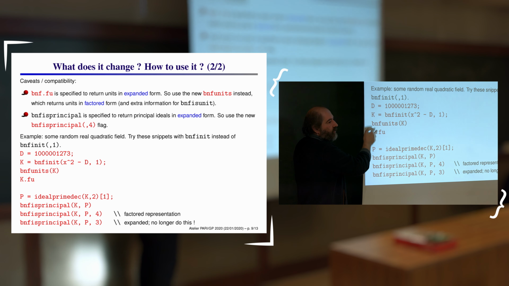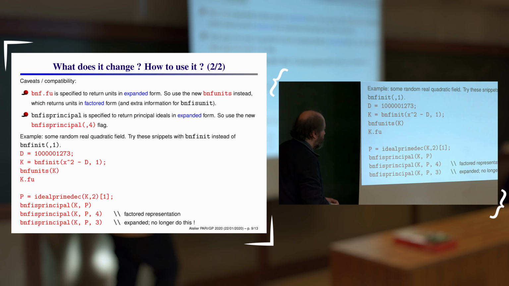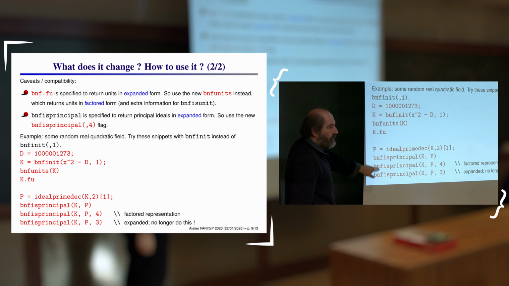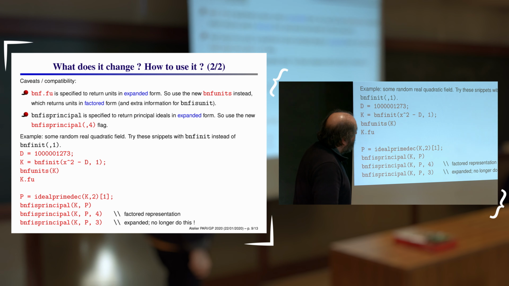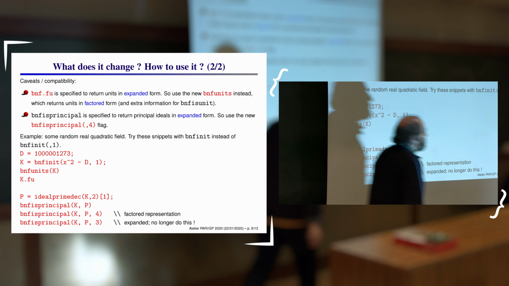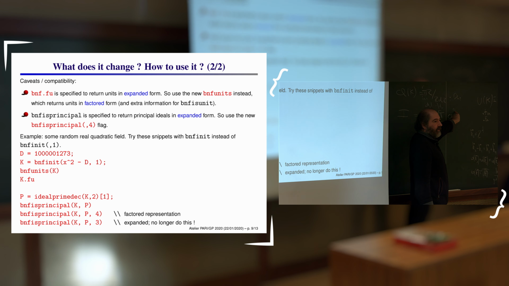So here what I wanted to show in this slide is just that older functions and some close modern equivalents have different behavior and give different results. Here, for BNF's principal, there's no problem. You really get a vector of two elements. One gives you alpha and the other gives you the exponents. That didn't change.